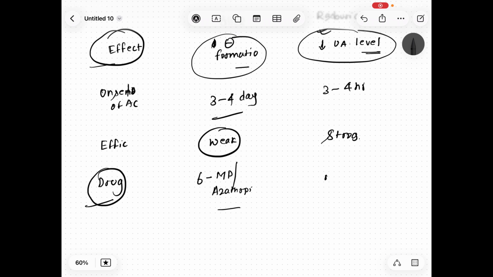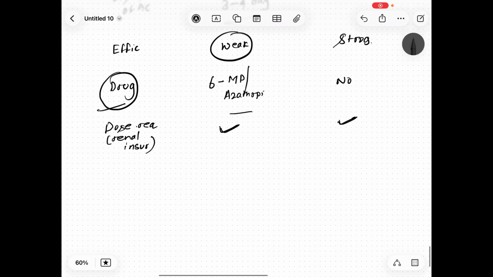But there is no drug interaction in case of rasburicase. Any dose readjustment required in renal insufficiency? Yes, in case of allopurinol, the dose readjustment is required, but in case of rasburicase, no dose readjustment is required.